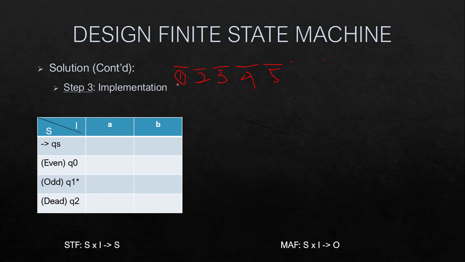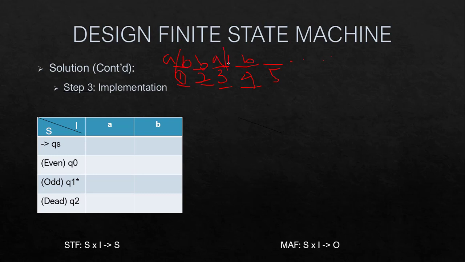Here 1 represents odd position, 2 represents even position, 3 odd position, 4 again even position. In our question, every even position should have a B. So every 2, 4, 6, 8 and so on positions should have B in the input string. Odd positions can contain either A or B, it doesn't matter.